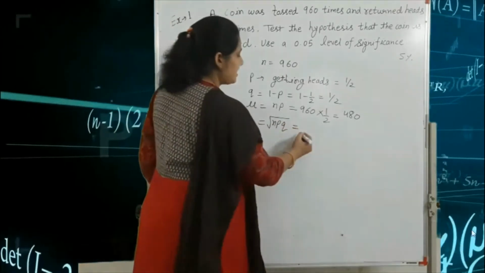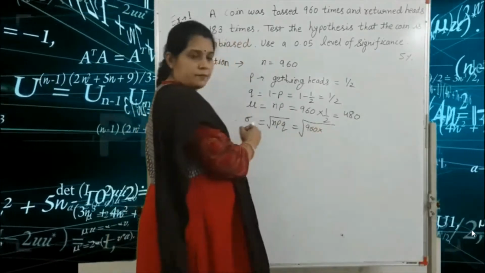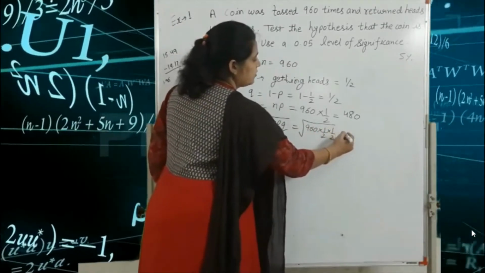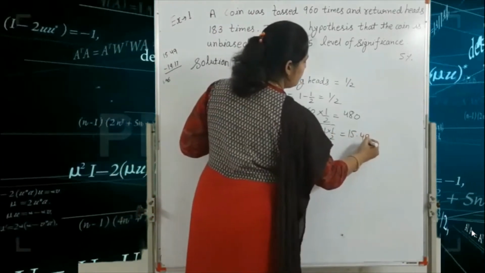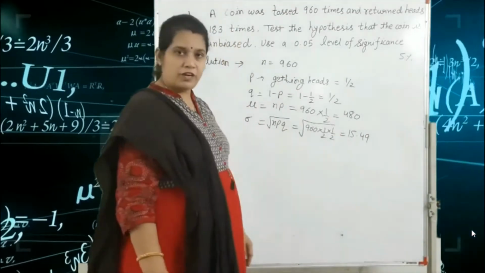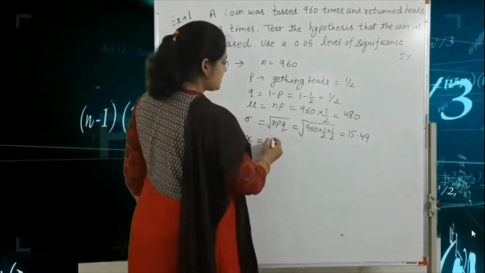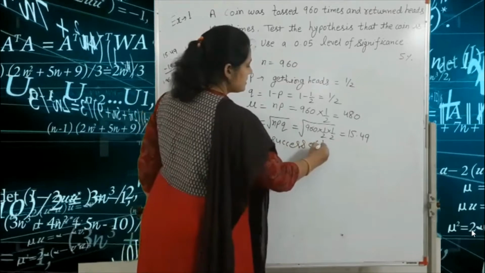We write here root of n is equal to 960, p is equal to 1 by 2 and q is equal to 1 by 2. So we get 15.49. So our sigma is 15.49. Capital S, small s is the success of heads or success of.